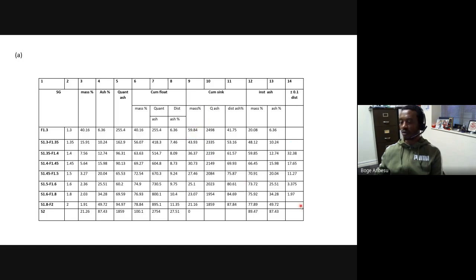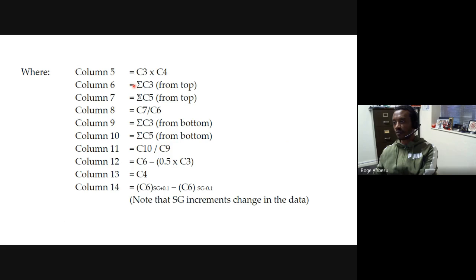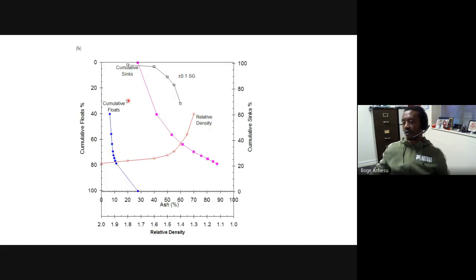And we can complete all this table, just like I showed you earlier. Again, this is just an example of how you can do it, from which you get these curves for washability. That's the cumulative floats curve, that's the cumulative sinks curve, that's the relative density curve, and the plus or minus 0.1 specific gravity curve.